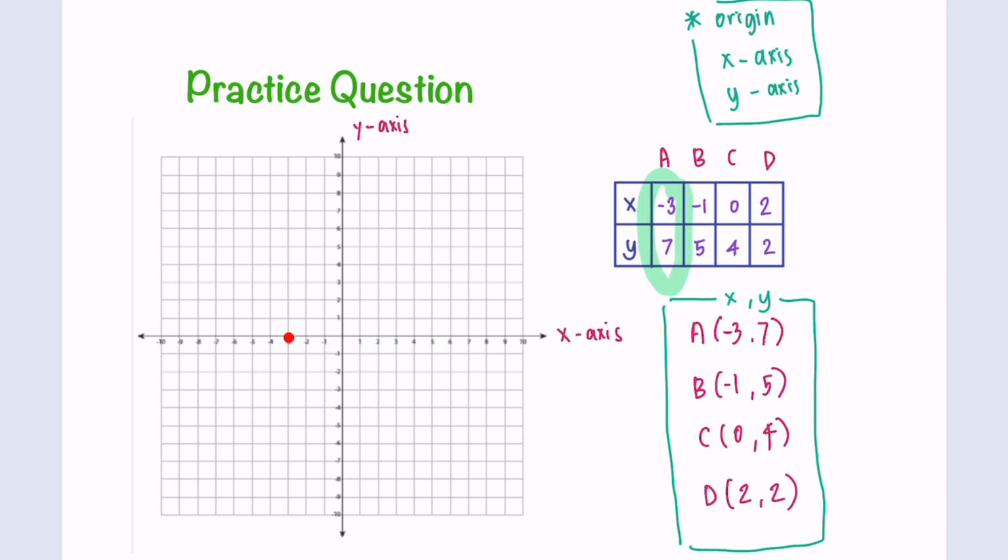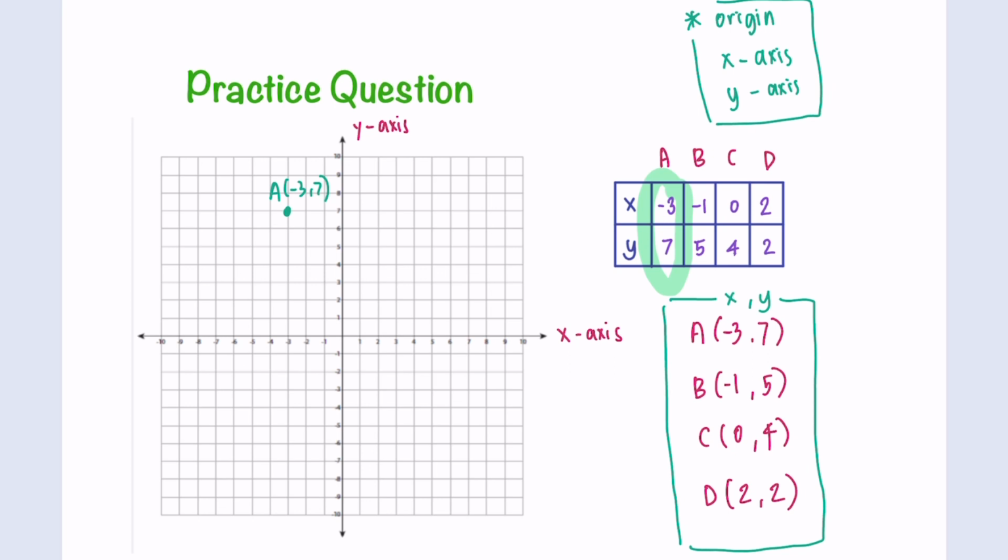Then from here, 7 steps along the y, +7, so I am moving up 7 steps upwards. So here would be point A. My coordinates are -3 and 7.